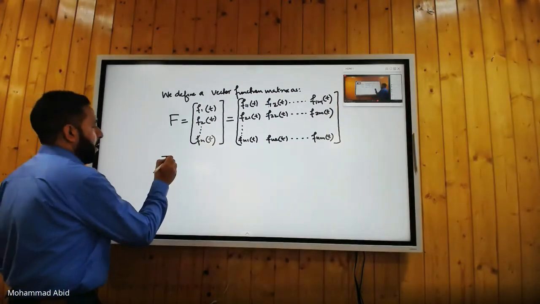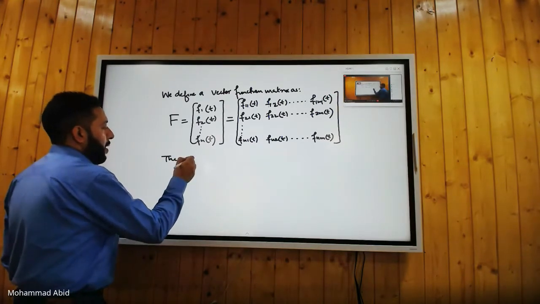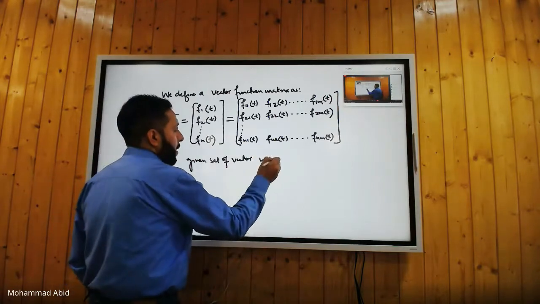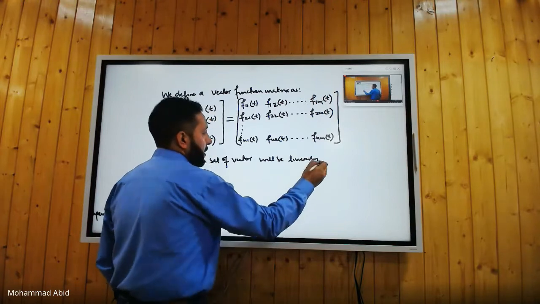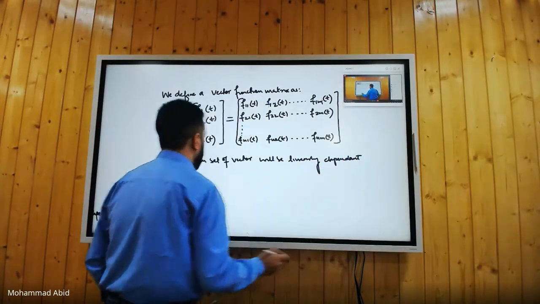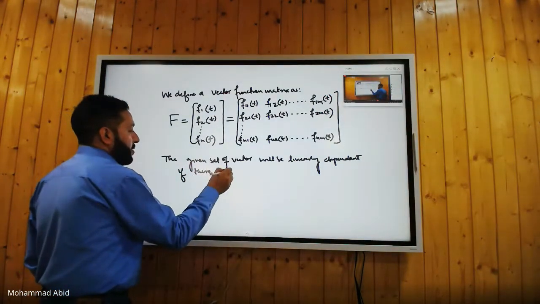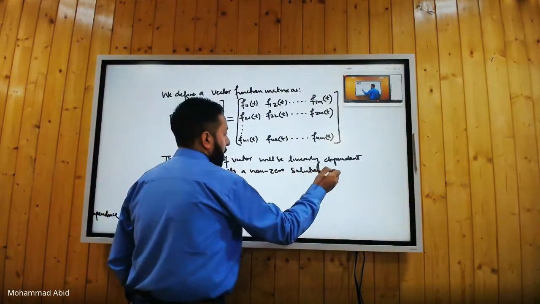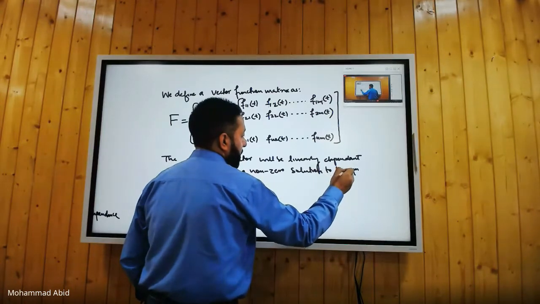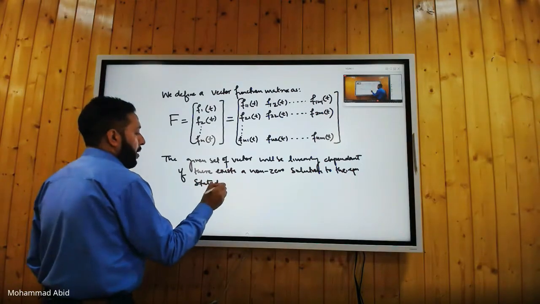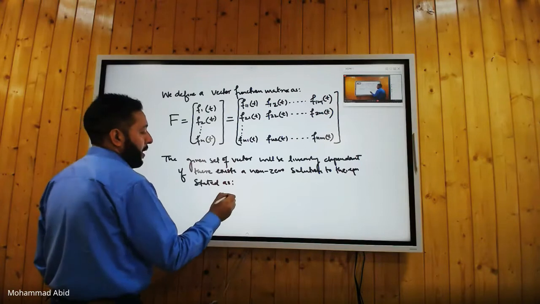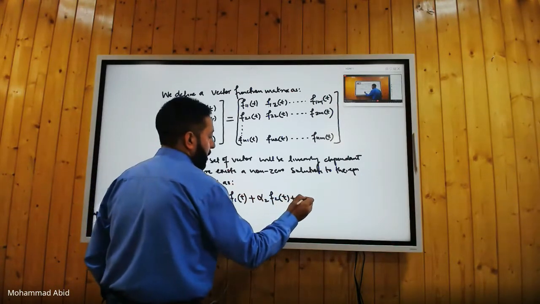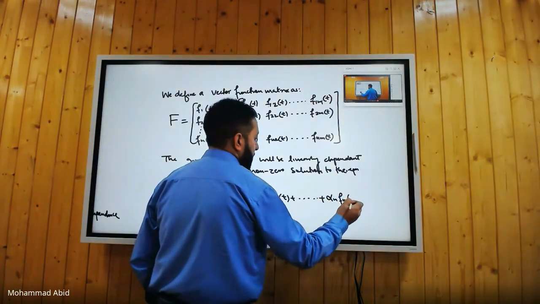The given set of vectors will be linearly dependent if there exists a non-zero solution to this equation, which is stated as alpha 1 f1(t) plus alpha 2 f2(t) plus so on, alpha n fn(t) is equal to 0.